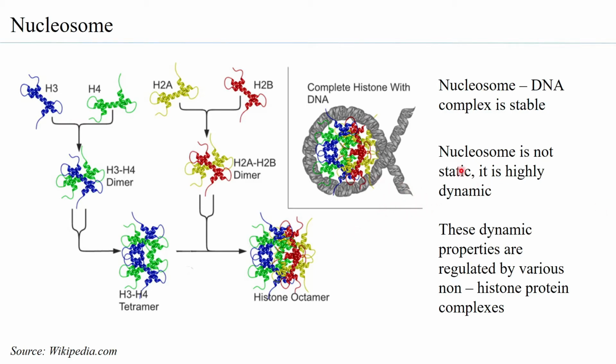Because if you have a promoter present in a region here which is associated with nucleosome, then an RNA polymerase does not get access to this promoter. So if the nucleosome from this point is dismantled, then the promoter will be accessible to the RNA polymerase. So such regulations where if one has to have a promoter getting accessibility to the RNA polymerase to get transcribed, it has to be regulated.